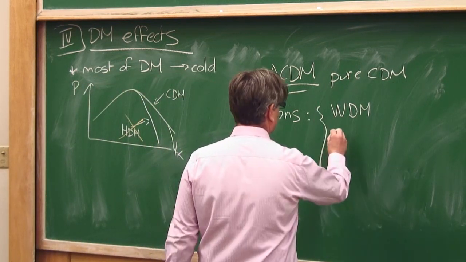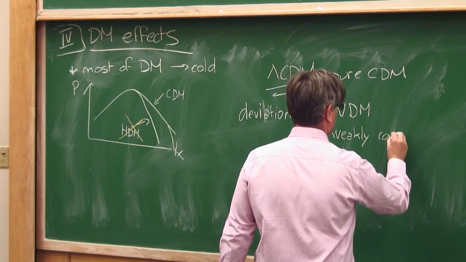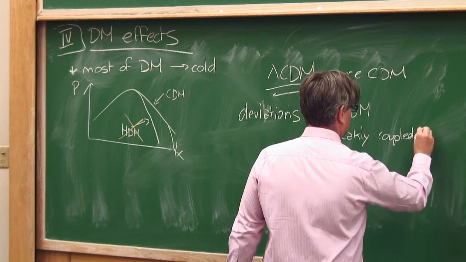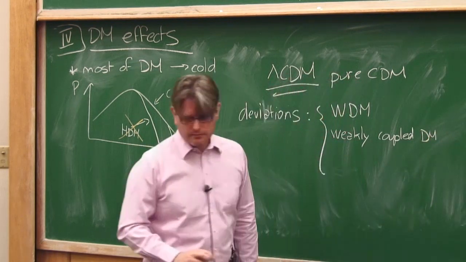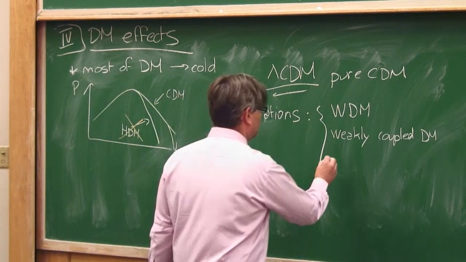So this is one possibility. You could have some weakly coupled dark matter. Instead of assuming that it's completely decoupled, you put some non-standard interaction. You could have some self-interacting dark matter.